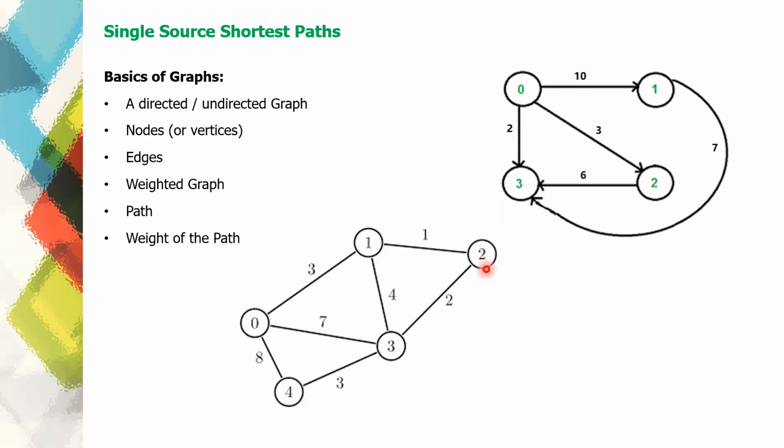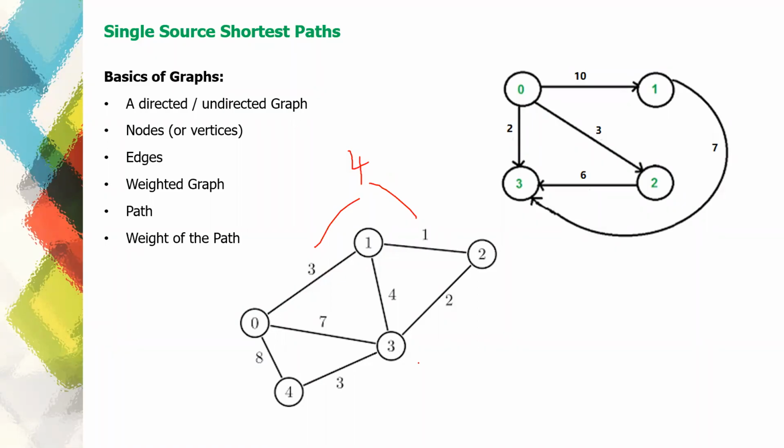Now, given a weighted graph, you'll always choose the path with the shortest distance. The distance of this path, traversing from 0 to 1, and from there to 2, is the sum of the weights of the edges. So it is 3 plus 1. That means if you are going to travel through this path, then the cost of the distance will be 4.